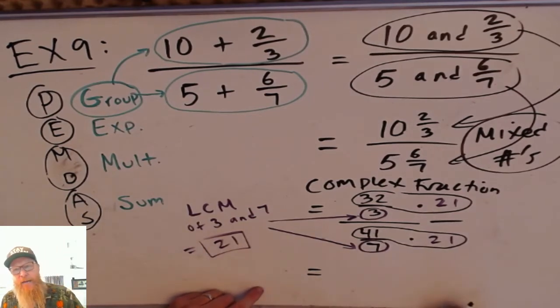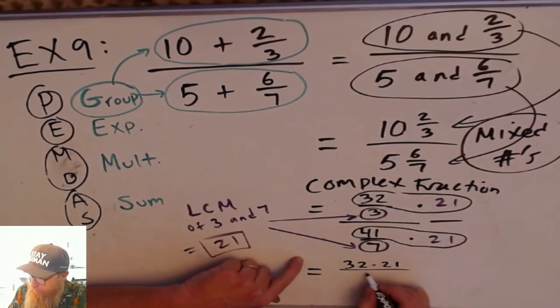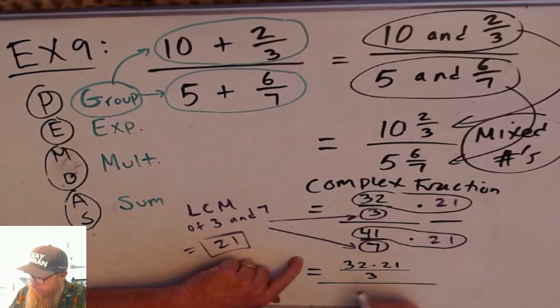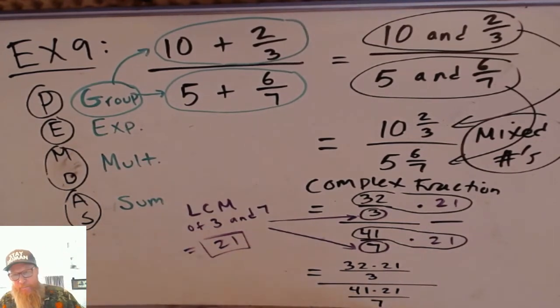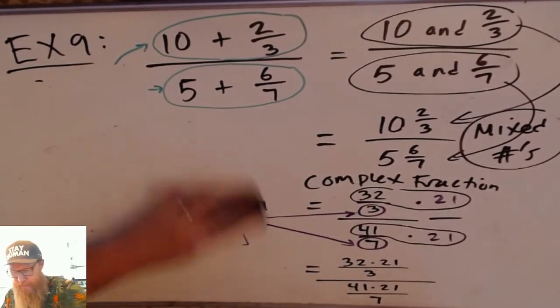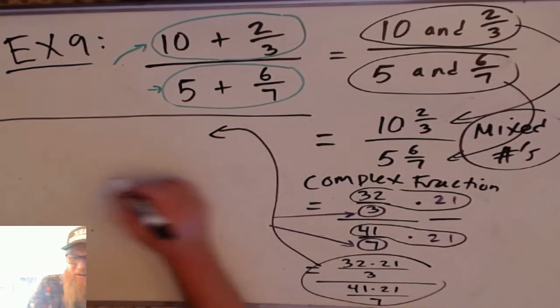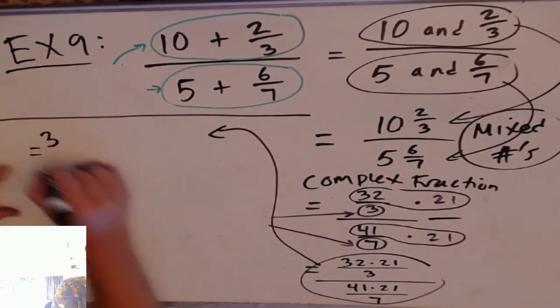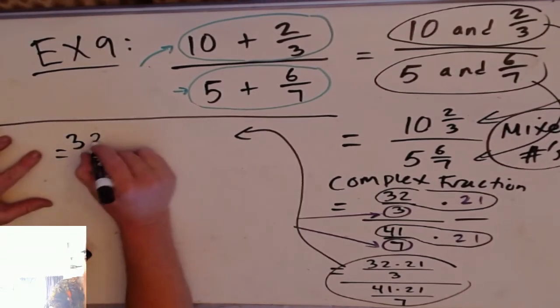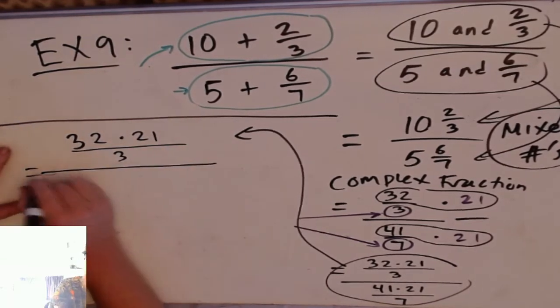All right. So now you have 32 times 21 over 3 all over 41 times 21 over 7. I know you can't see that, so let's just... 32 times 21 over 3 all over.